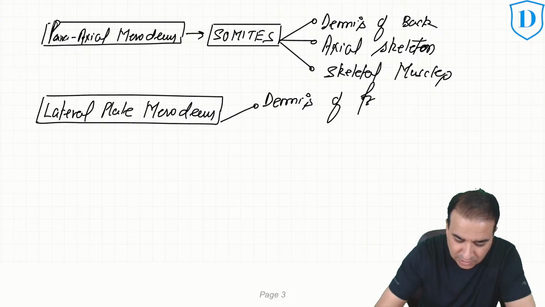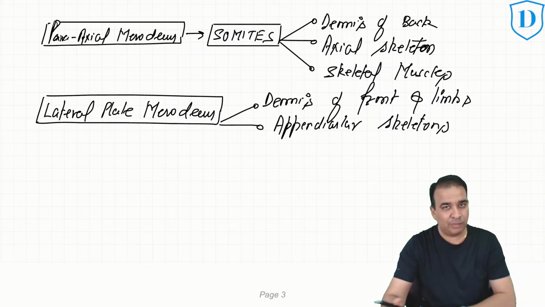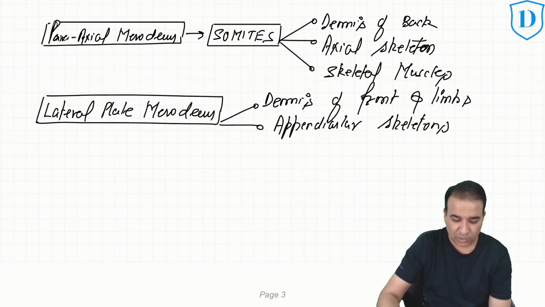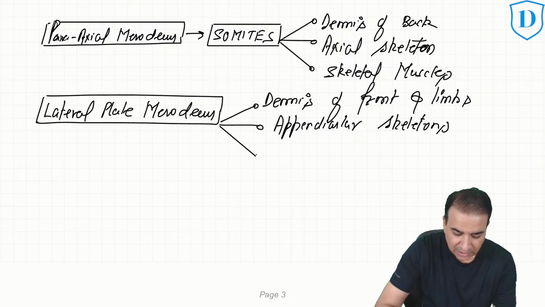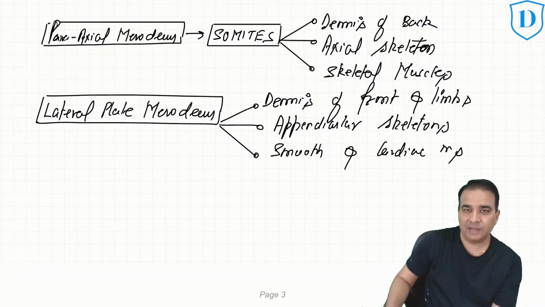This will give rise to the dermis of the front, number one. It will also give rise to the dermis of the front and limbs. This will give rise to the appendicular skeleton, the bones of the upper limb and lower limb, guys. All the bones of the upper limb and lower limb develop from the lateral plate mesoderm only. And finally, this will give rise to smooth muscle and cardiac muscle also.